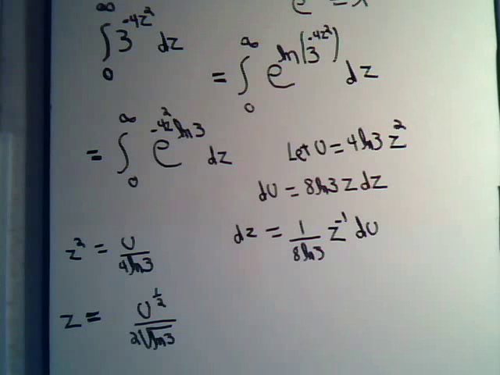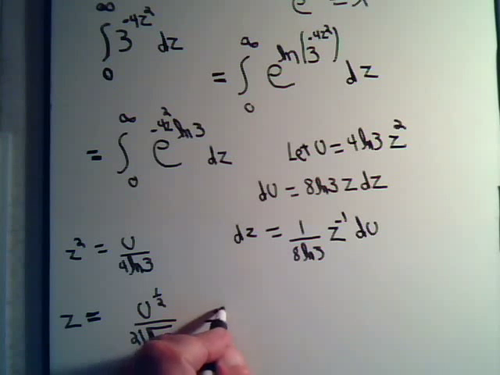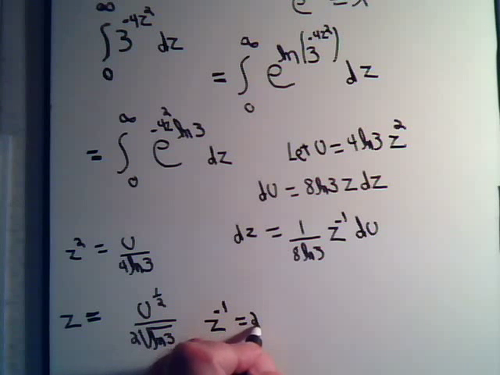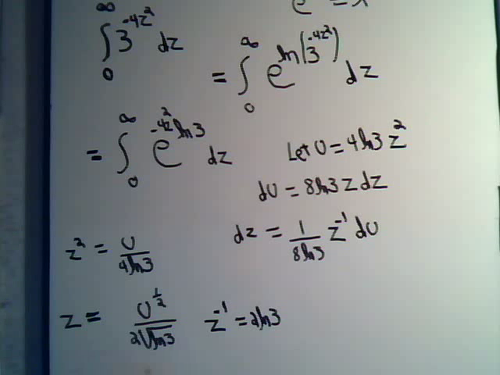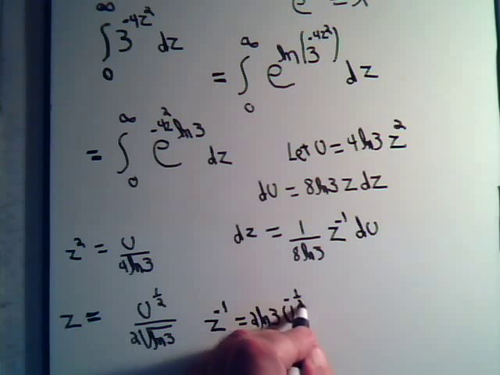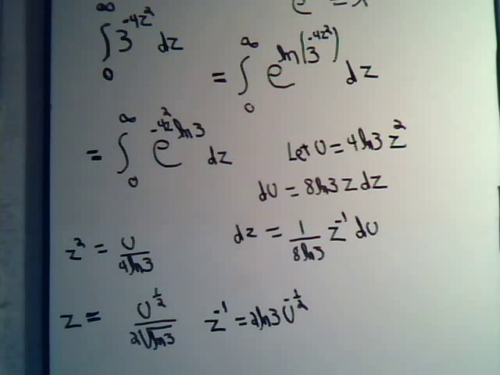So this is z. For z to the -1, we raise this whole thing to the -1 power. That'll bring this upstairs. So that will be 2 times the square root of the natural log of 3 times u to the -1/2.